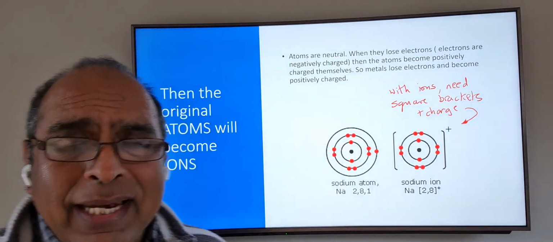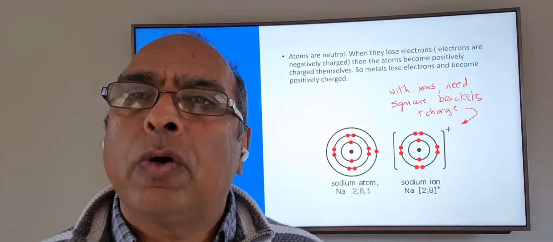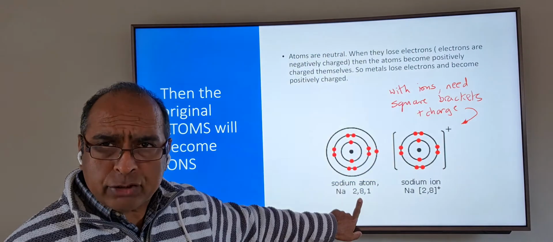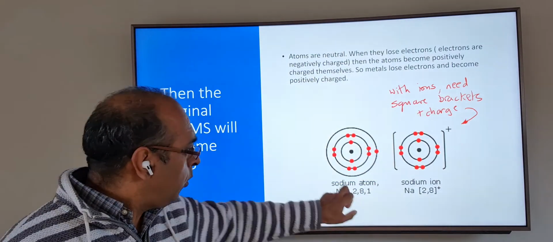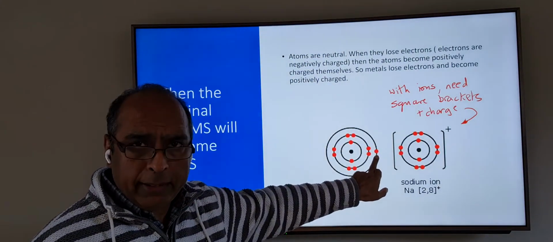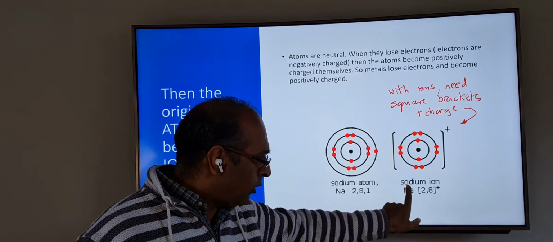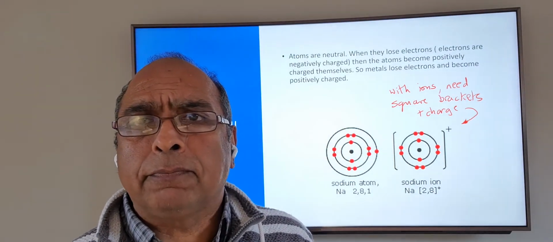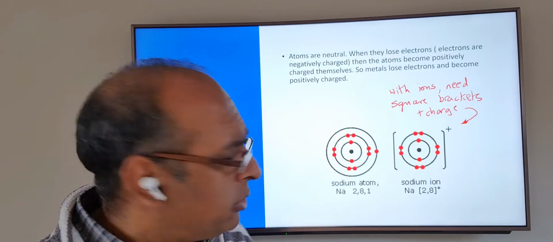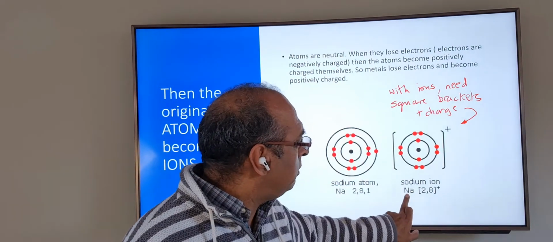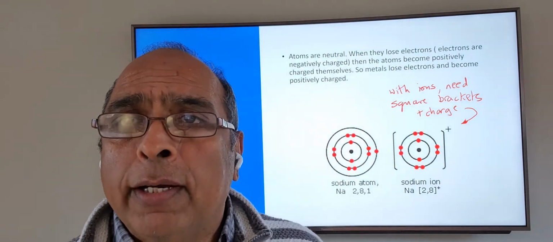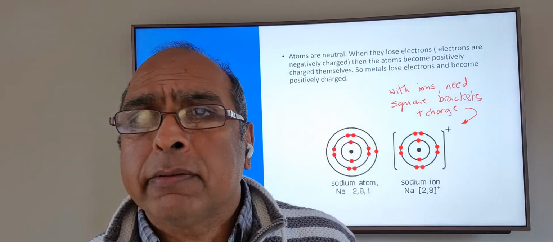Let's just focus a little on just the sodium. That's the sodium, electronic configuration 2, 8, 1. When it loses that 1 electron, it forms a sodium ion. Now, sodium ions are positively charged. We put the charge in the top right-hand corner as a superscript.